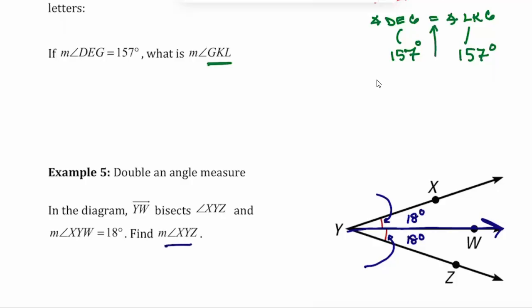They want to know what XYZ is. This is the big angle. So we're going to take 18 for the top plus 18 for the bottom, and that's going to give me 36 degrees for that bigger angle. Okay, so that's what we wanted to do.